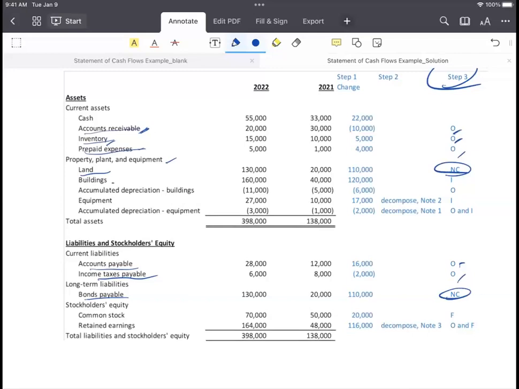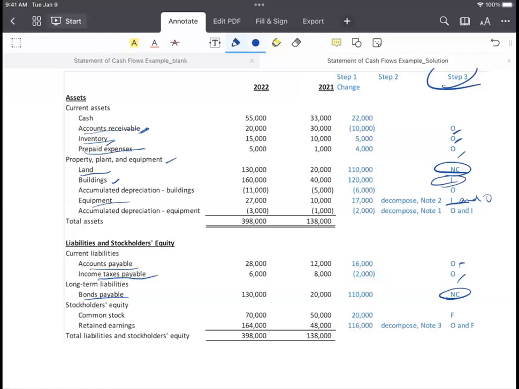The firm's buildings: as we analyzed before, the increase in buildings is just because the firm purchased that building. All of it is because of the purchase of the building. That is straightforward, an investing activity. And then the equipment. The change in equipment is an investing activity. We also need to dig out some operating activities here as well, since we have done the decomposition.